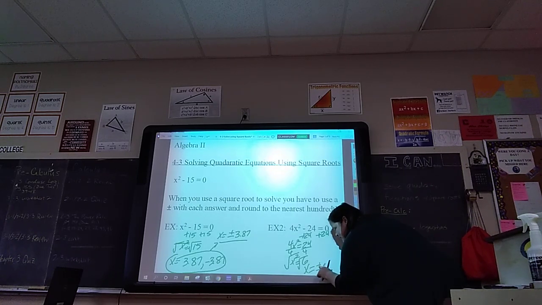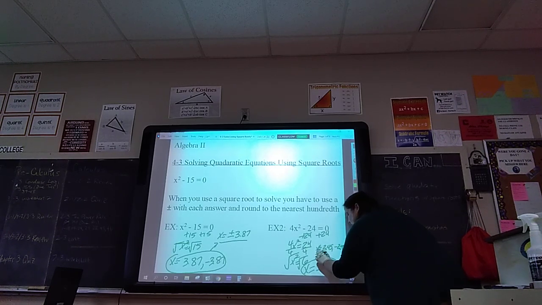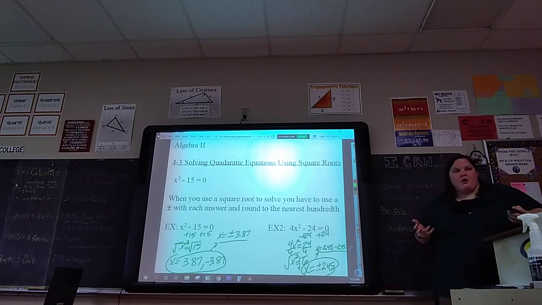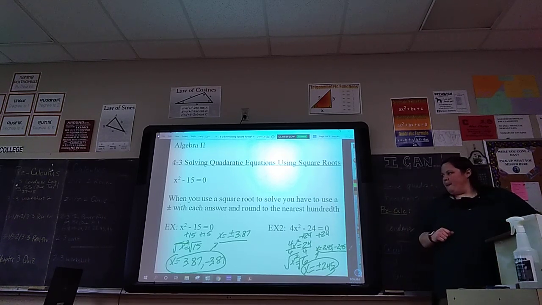So plus and negative 2.45. Okay? Or like I said, you could write it like this, 2.45 comma negative 2.45. So either one of those formats work. Questions on the first two examples?